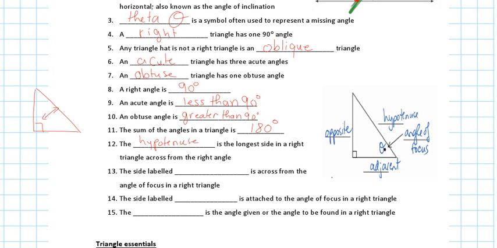So if this is my focus angle, which I'm going to call theta, then the side across from that theta is called the opposite side. And the side next to that angle is called the adjacent. If this is my angle of focus, this side is my opposite, this side is my adjacent.